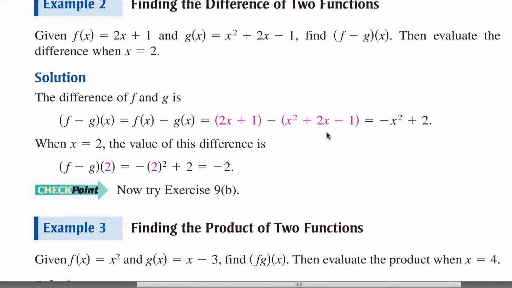So when you do that, the algebra is the same. So you're going to get negative x squared plus 2. And then when x equals 2, the value of the difference is f minus g of 2. So the 2 gets plugged into this expression, and so we get negative 2 squared plus 2, which is negative 2. All right, go ahead and pause the video, and I want you to try exercise 9B.